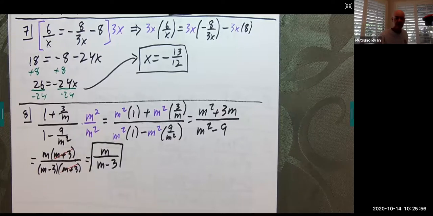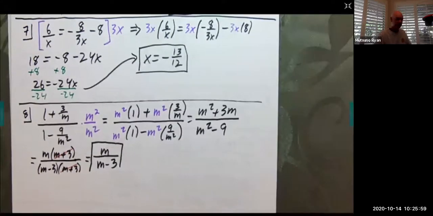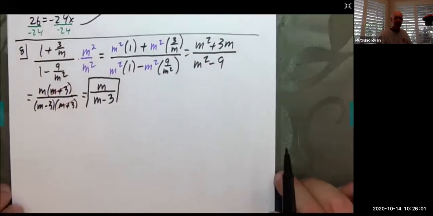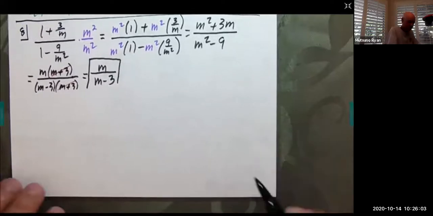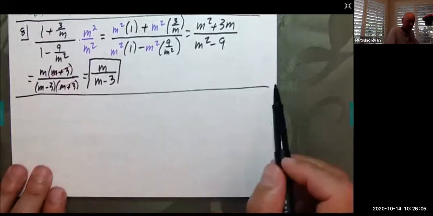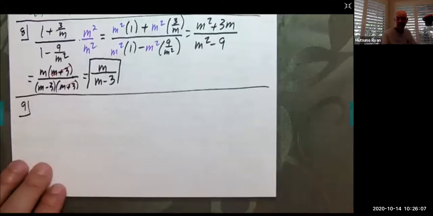All right, I'm running out of space here. Let's switch that up. I'm going to squeeze number 9 here. Then we have another equation. This one's much more robust.